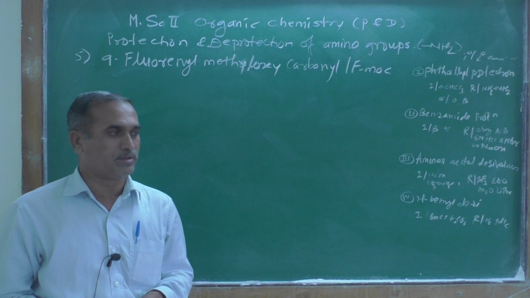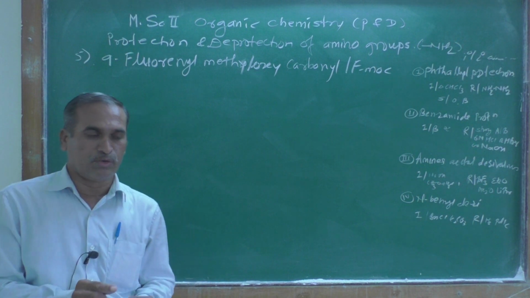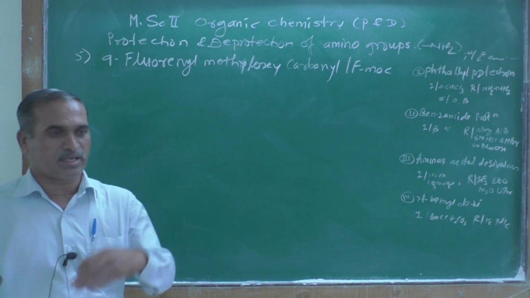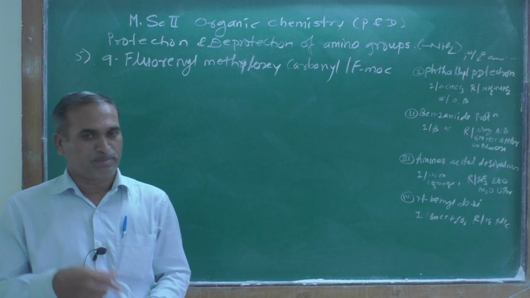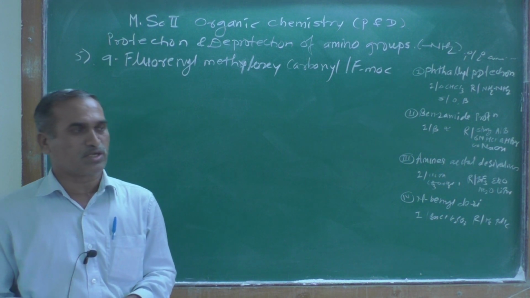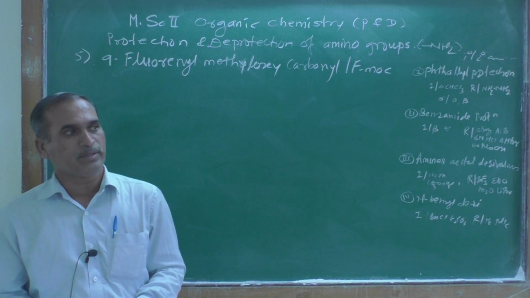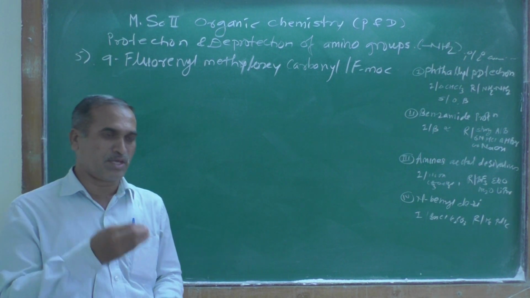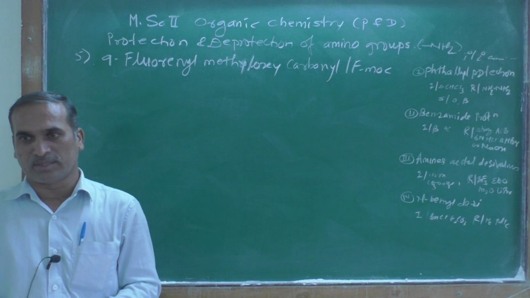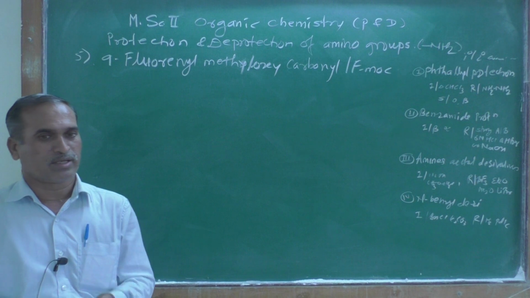Yesterday we learned about Boc, one of the protecting groups used to protect the primary amine as well as the secondary amine, because primary or secondary amines are the functional groups present along with the carboxylic group in peptide synthesis, and therefore these are very important reagents used to protect the amino group.